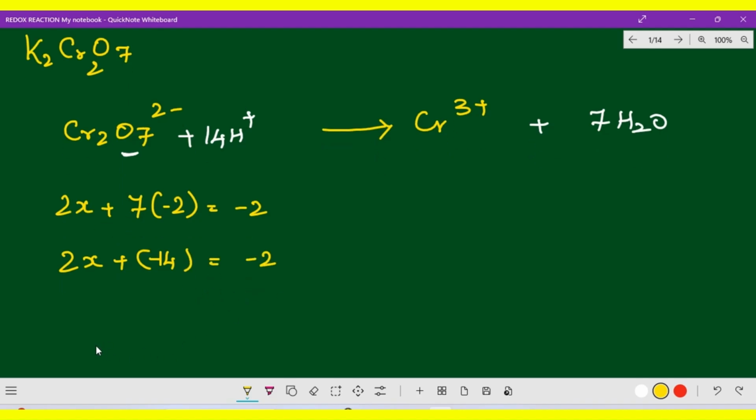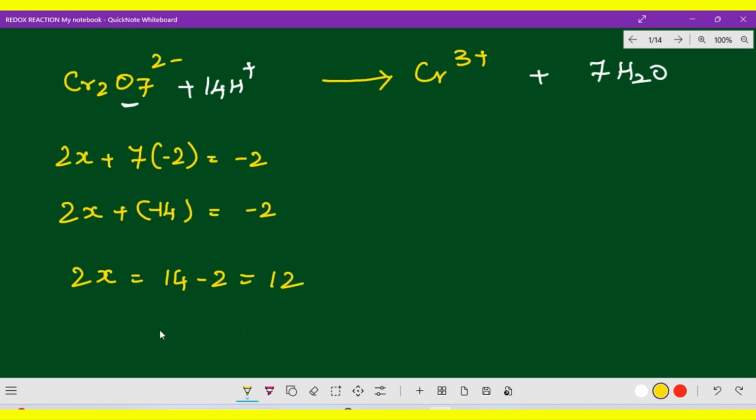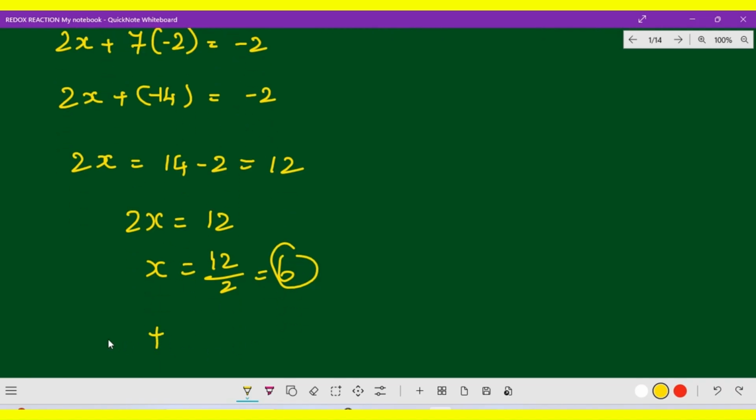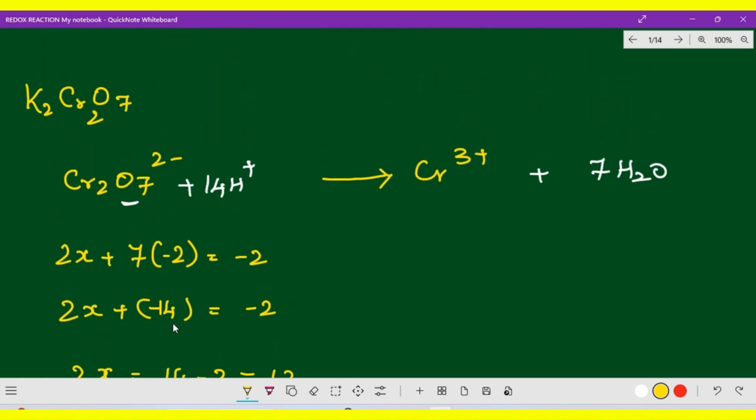So 2X equal to 14 minus 2, which equals 12. So 2X equal to 12, and X equals 12 by 2, which is 6. So X equals plus 6 oxidation state. This plus 6 oxidation state is converted to plus 3 oxidation state.